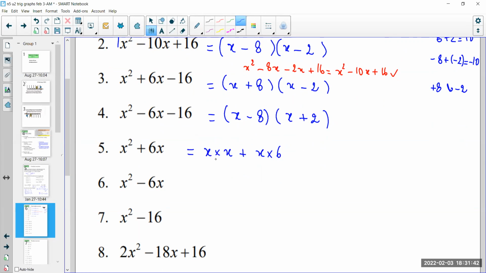So I can get x out in front of my bracket and just put x plus 6. If I'm asked to factorize this, I found a common factor between the two here, and I've just factorized it. Same here, but it's minus 6. So x times x minus 6.